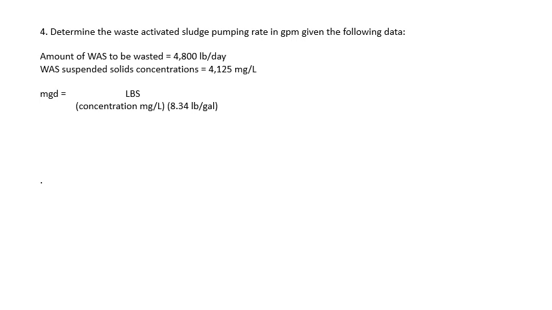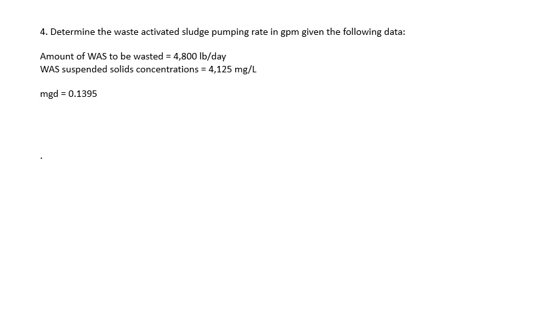So the pounds will go on top, divided by the concentration, milligrams per liter, times 8.34 pounds per gallon. So 4,800 pounds divided by 4,125 milligrams per liter times 8.34 pounds per gallon. That gives you an answer of 0.1395 million gallons a day.